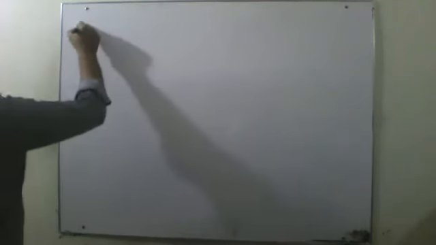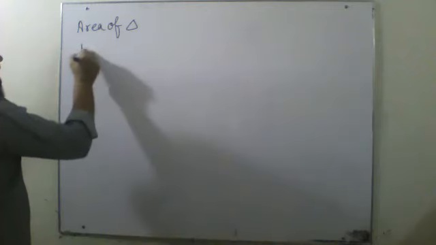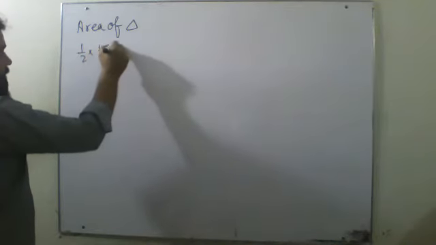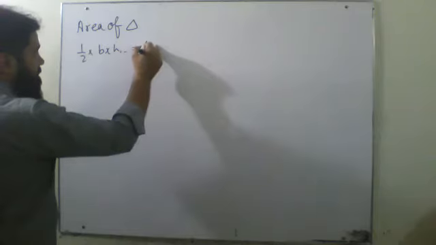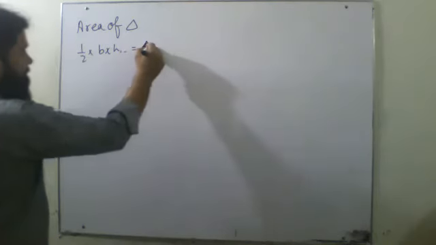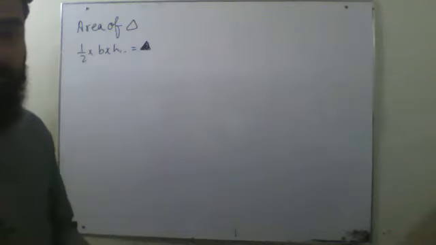The area of a triangle formula is given as half into base into height. Base we know, but there is one important thing.